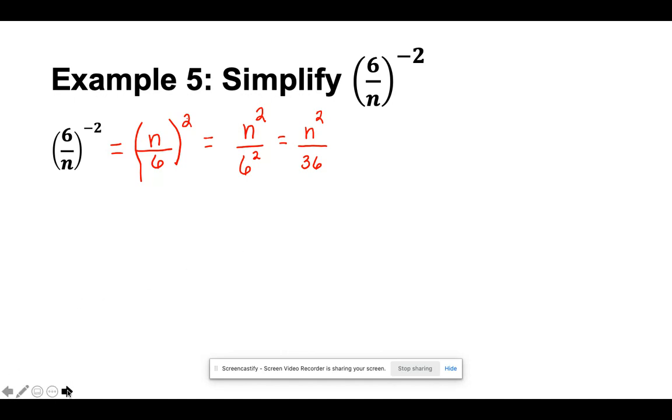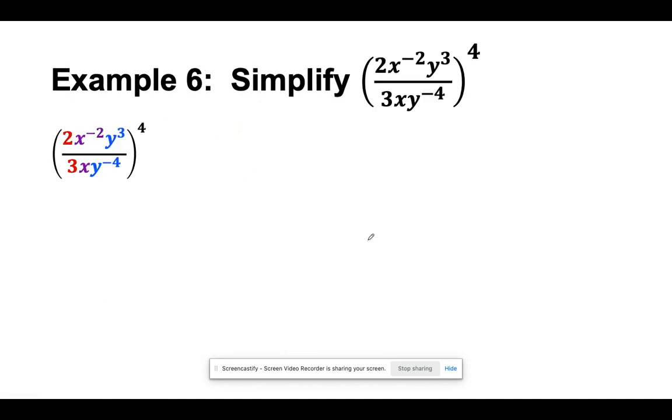So one last example we have here is example 6, and I have it color-coded as well so we can keep track of what we're doing. I need to take this 4 and distribute it or apply it to all of the pieces inside the parentheses.